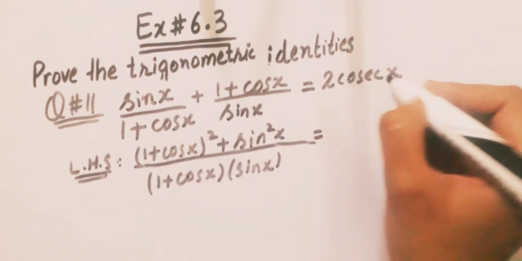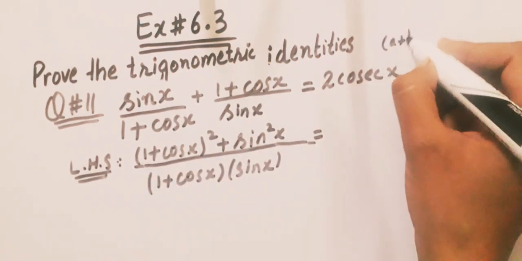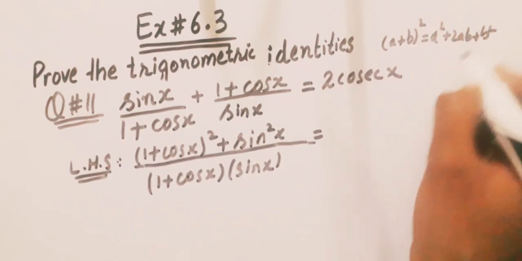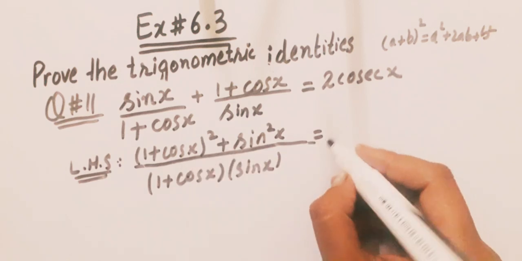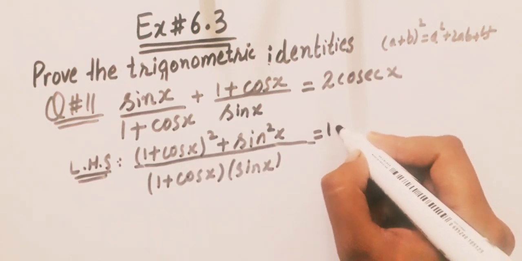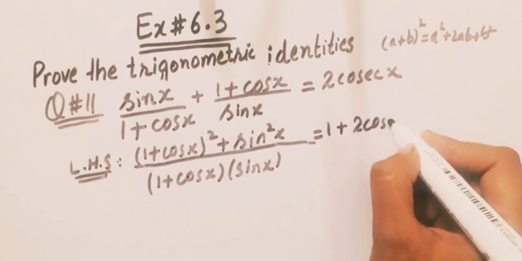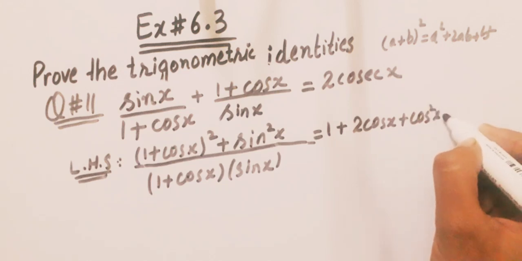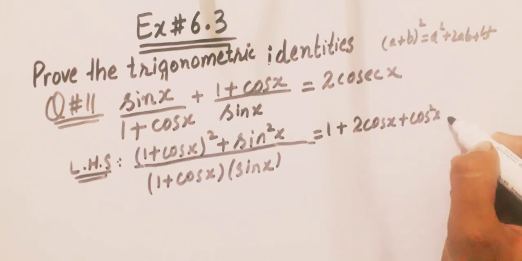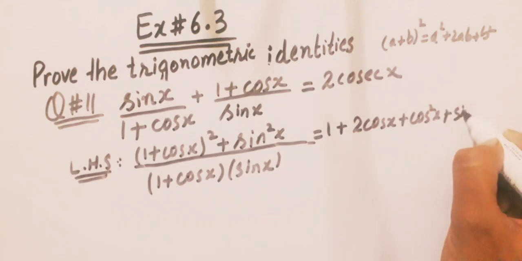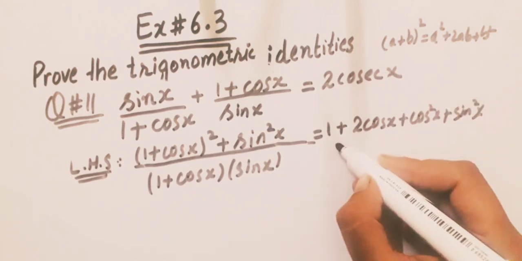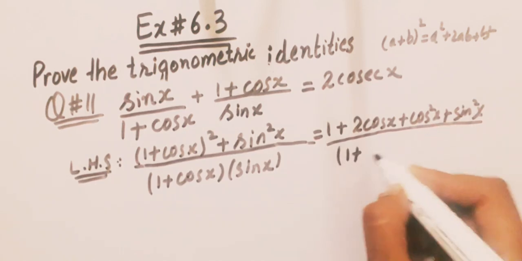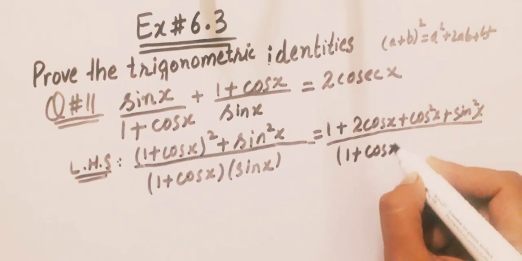Here we apply the formula (a + b)² = a² + 2ab + b². So (1 + cos x)² equals 1 + 2 cos x + cos² x, plus sin² x, divided by (1 + cos x) sin x.